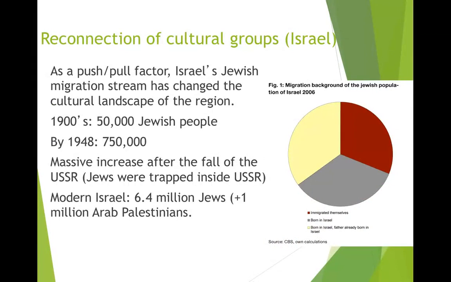We also talk about the reconnection of cultural groups. Israel is our greatest example of this. As a push-pull factor, the Jewish migration stream has changed the cultural landscape of that entire region. In the 1900s, there were about 50,000 Jewish people in the Middle East in that region.